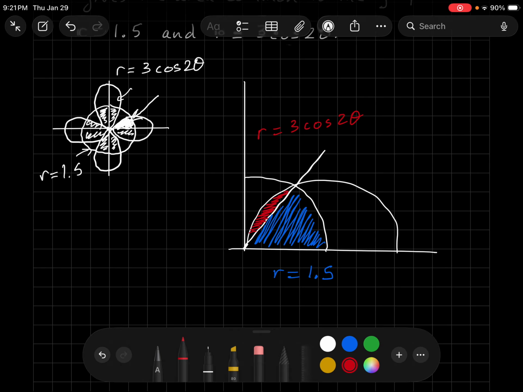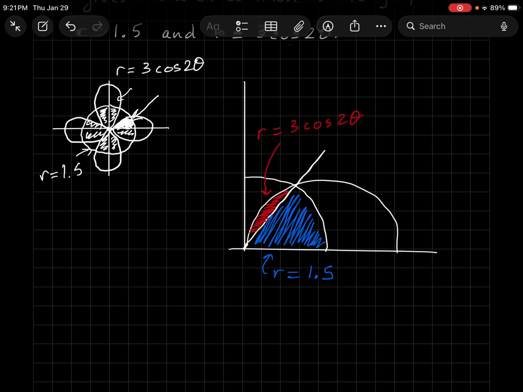If you need to, stop the video and take a look and see how that works. That this red part is a part of only that graph, and the blue part is only a part of the graph r equals 1.5. And I draw that ray to help me see things more clearly. That is to distinguish the parts.